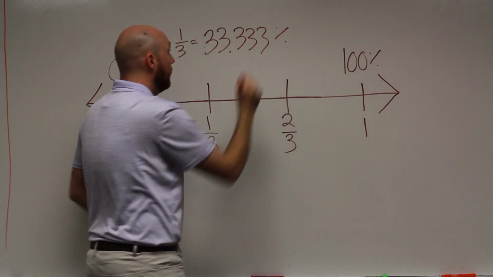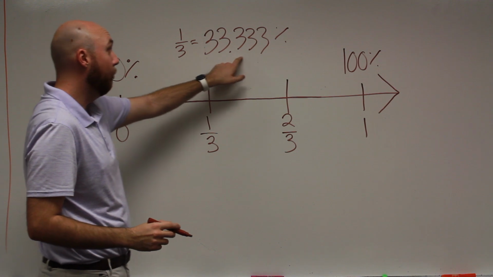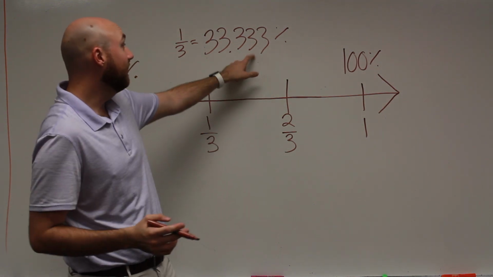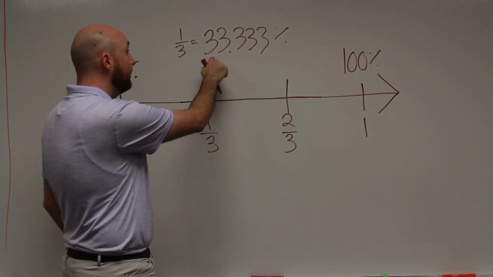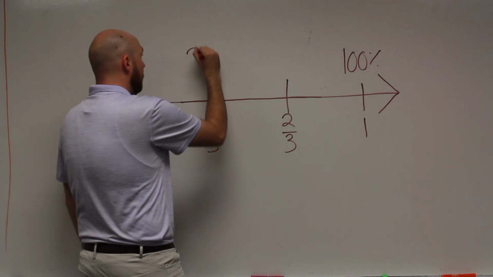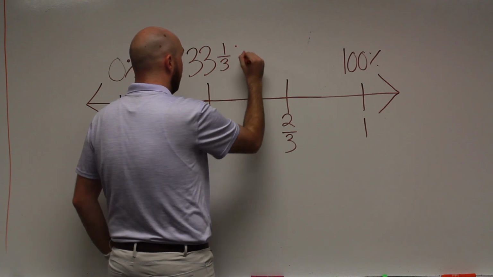It's going to keep going. You gotta recognize that this division we just did is repeating. This is the same as 1/3. So when I'm writing my percent, it's 33 and 1/3, right? So right here is going to be 33 and 1/3%.